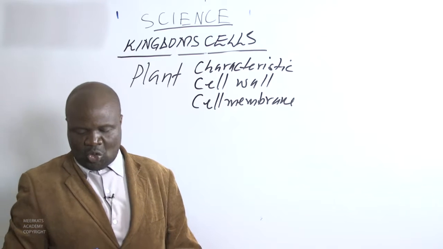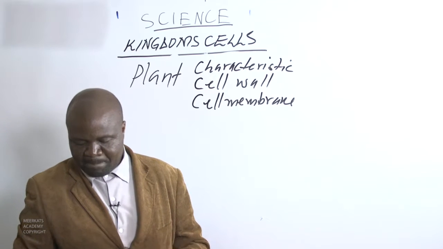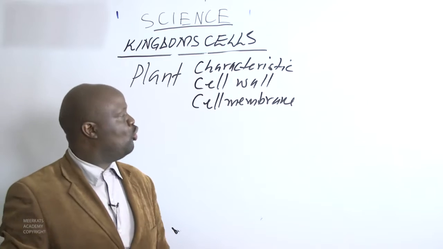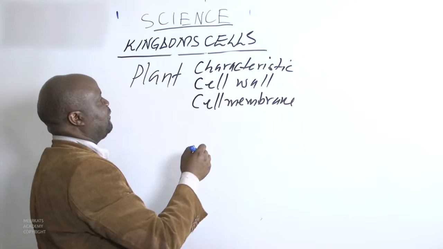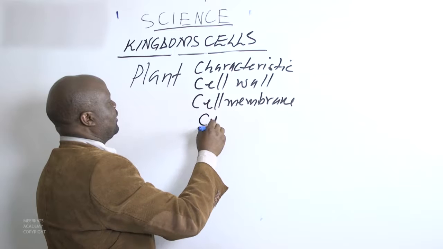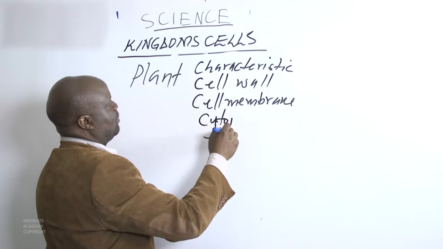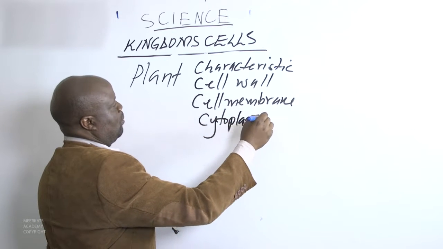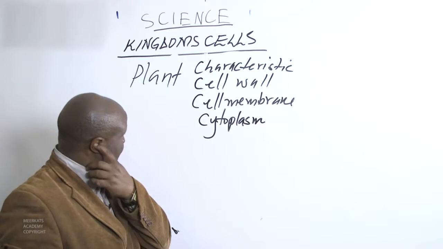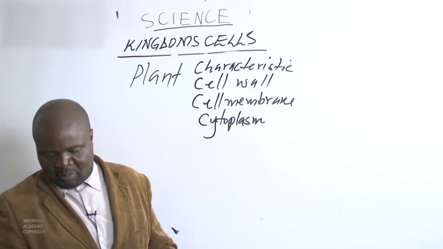Many plant cells also contain structures called chloroplasts. Apart from the cell membrane, we have the cytoplasm, and within the cytoplasm are the chloroplasts.